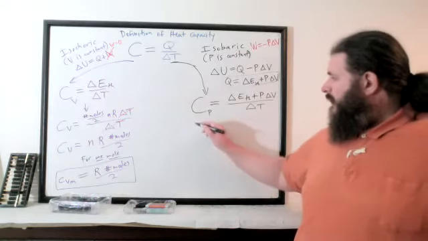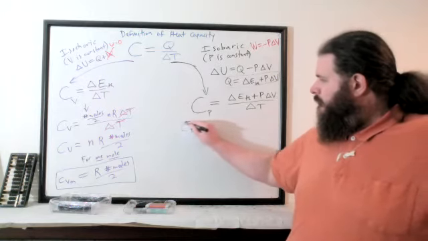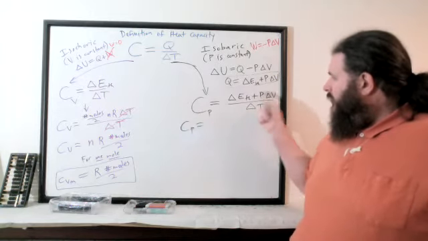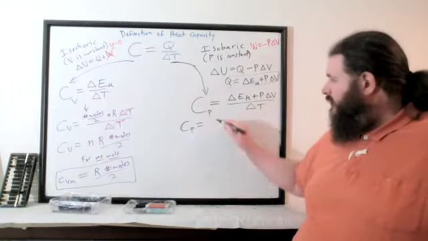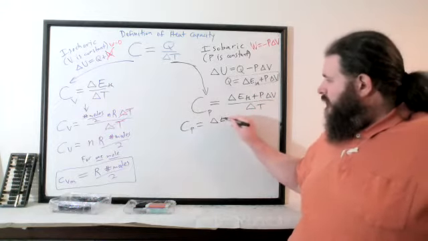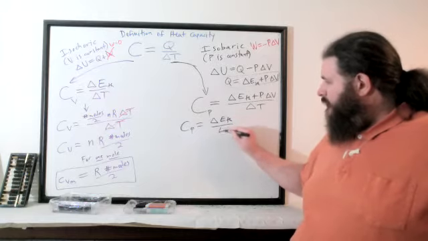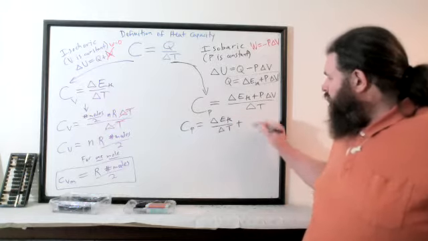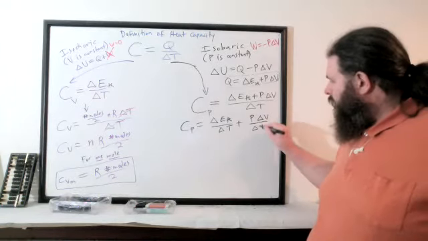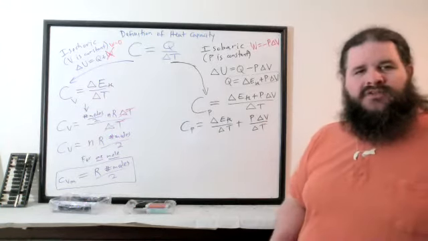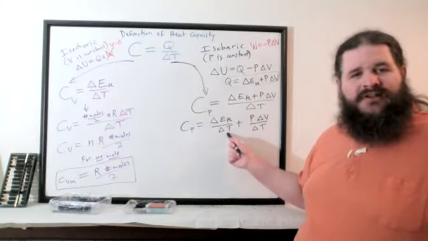We could then split that up. Since this is just a couple of things divided by delta temperature, we could just distribute that division and say this is delta E thermal over delta temperature, plus this extra term, P delta V over delta temperature. But where have you just seen delta E thermal over delta temperature?